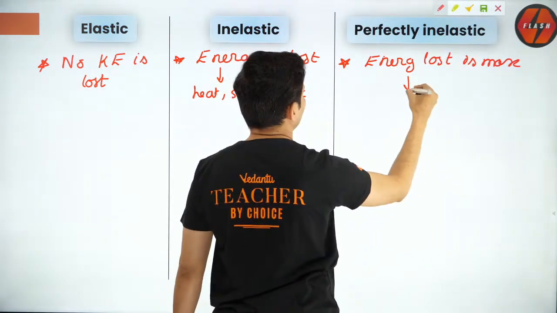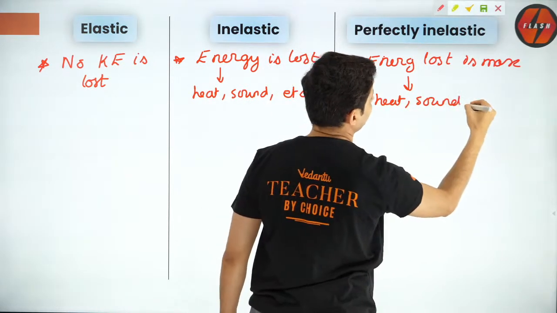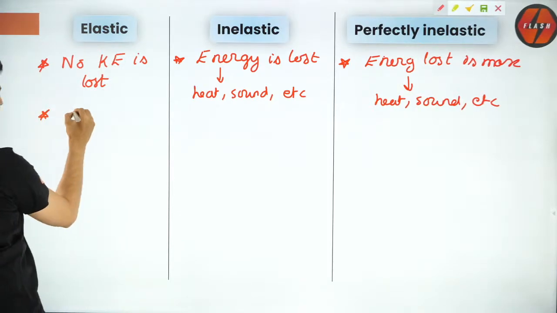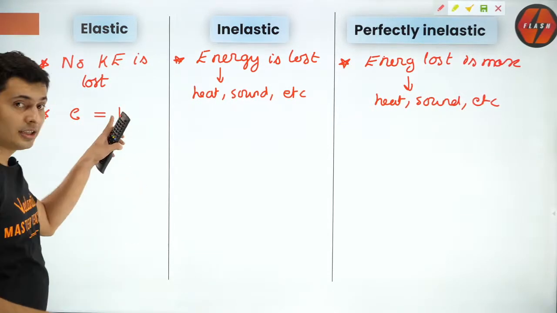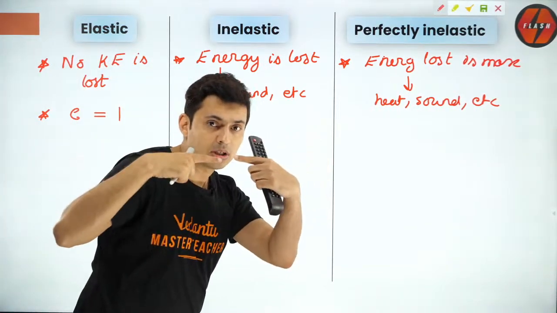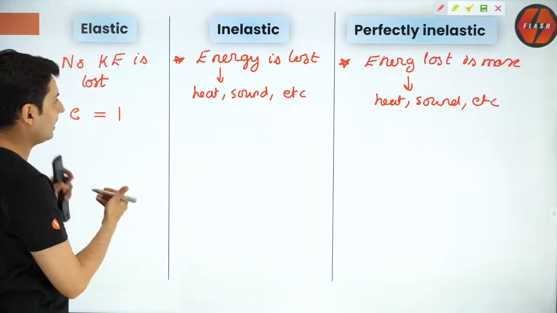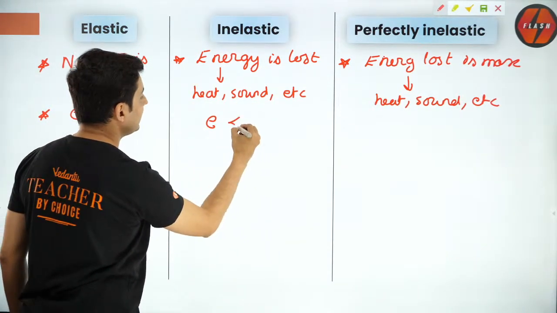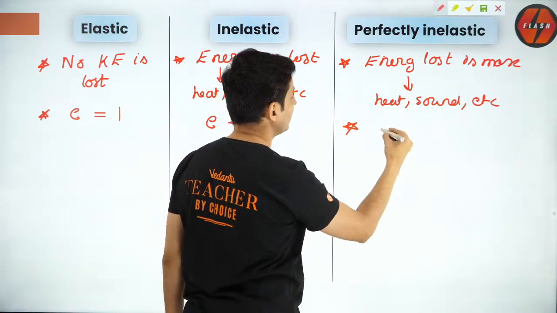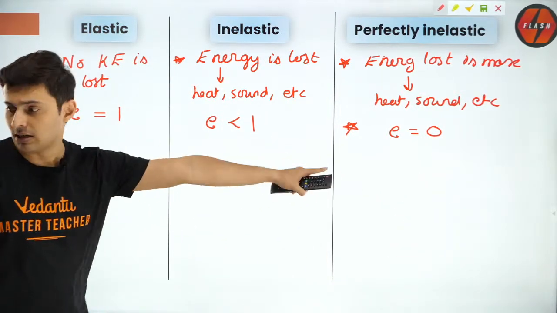Maximum energy is lost, and it is lost again in the form of heat, sound, deformation, etc. Next, for elastic collisions, coefficient of restitution is 1. This is one of the most important things. The speeds of approach and the speeds of separation are both equal. The ratio is 1. In inelastic collision it is less than 1, and in perfectly inelastic collision e is 0. Remember that. I hope this is clear.